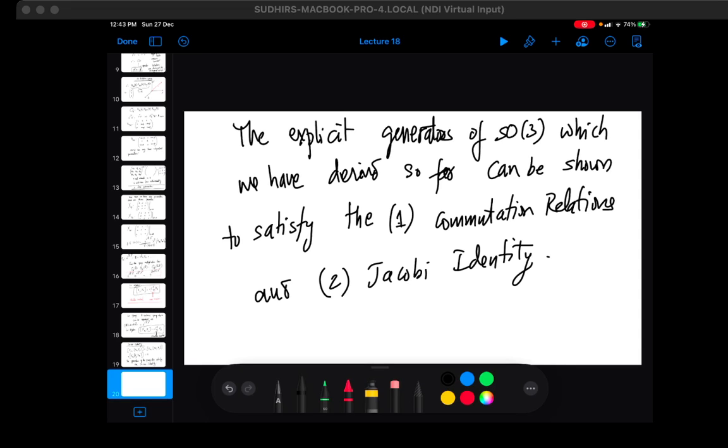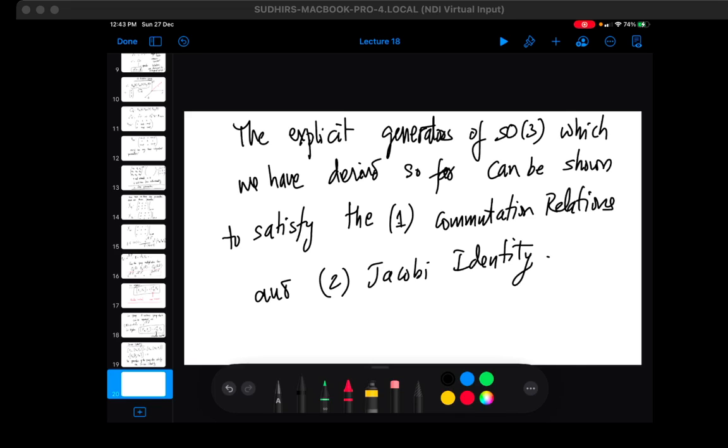For each number of dimensions, you have to check how many free parameters you end up having, and accordingly you'll have the corresponding number of generators. For example, for SO2, there is only one free parameter, and that is the reason why it has only one generator. For SO3, coincidentally, it has 3 generators. For SO4, you'll have 6 generators.